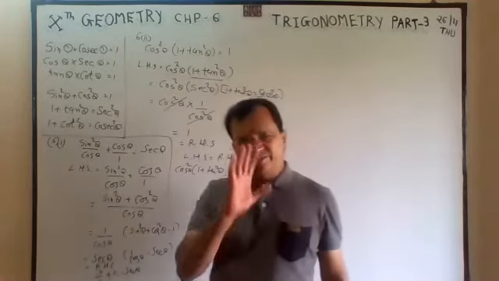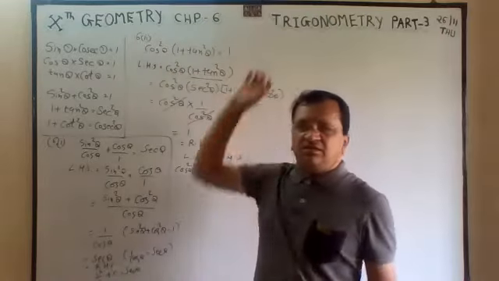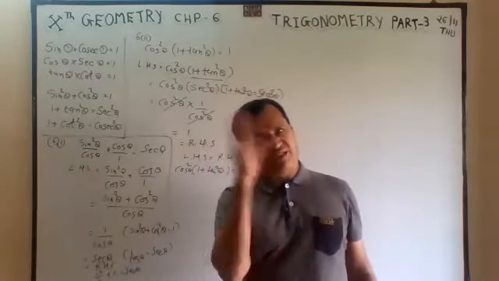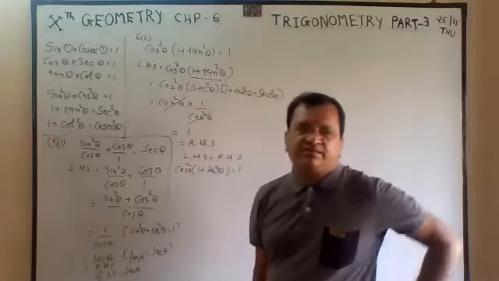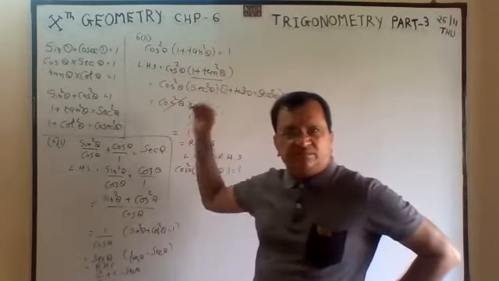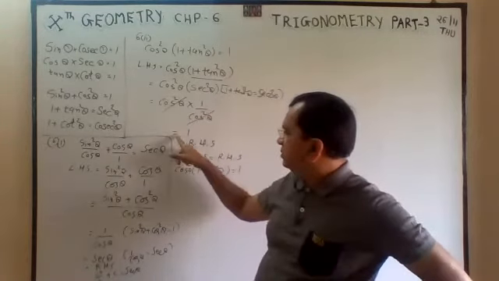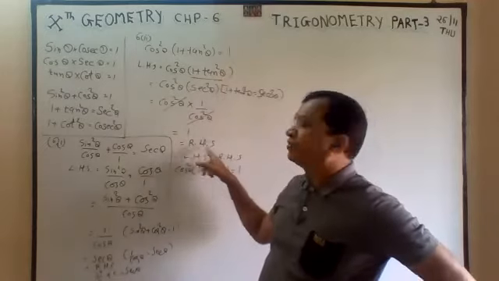Again I want to explain the method, not the solution. First, what is given to be proved? Left is equal to right. Write the full statement. Then write only the left hand side. Then substitute. Try to get the right hand side. 1 is equal to 1, so it is equal to the right hand side.